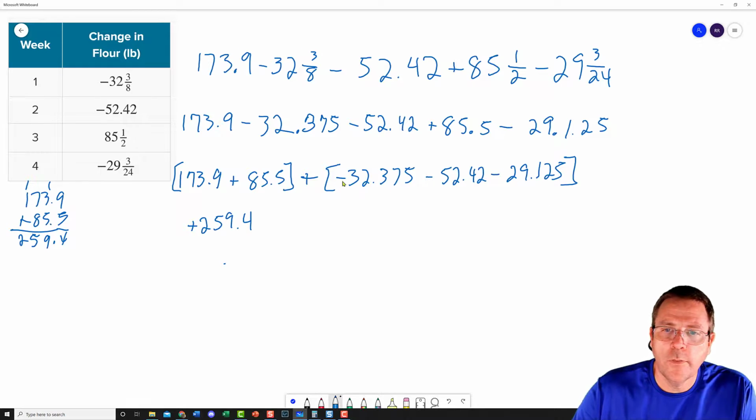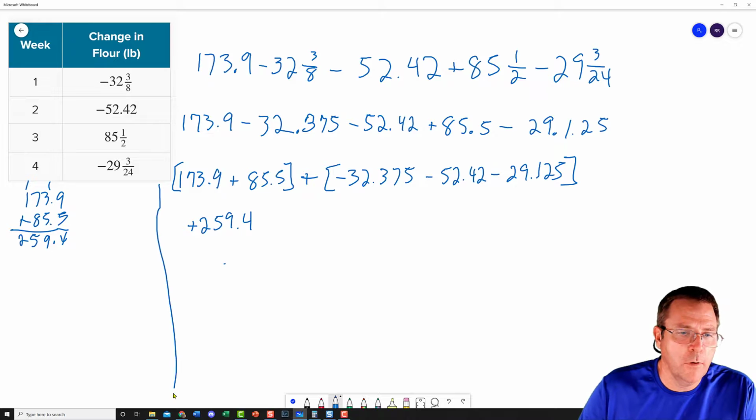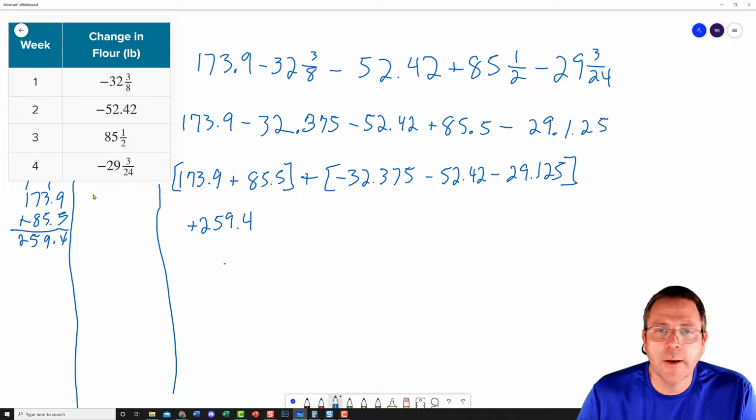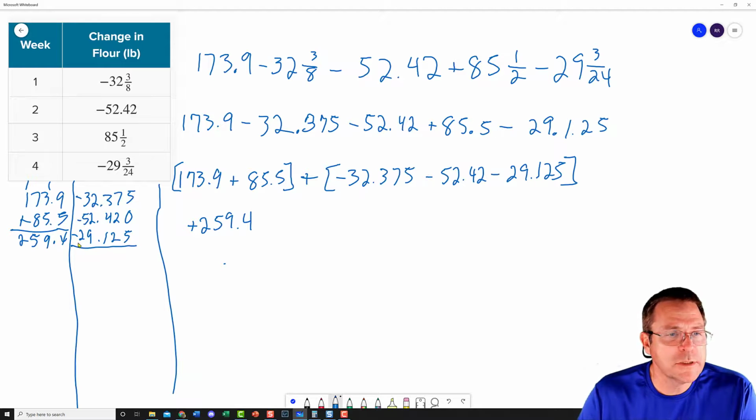Next, we're going to work on this part of the problem here. So let me draw a line here and separate out all my junk work. So I've got a negative 32.375 minus 52.42. I'm going to annex in a 0, and then minus 29.125. What do you notice about all these signs?